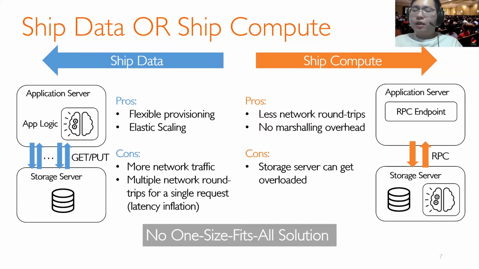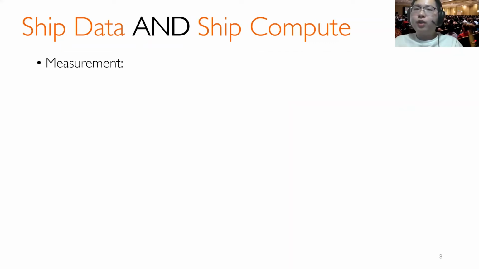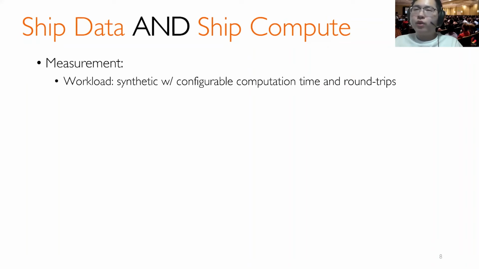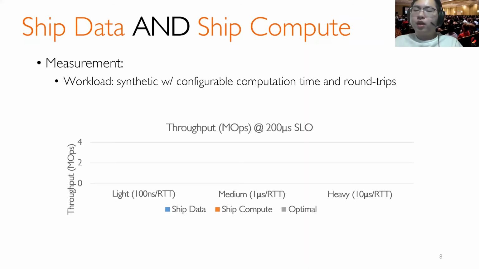Then a natural question would be, would we be better off if we combine these two together? So we conduct a measurement using a synthetic workload with configurable computation time and networking round trips. And we generate three classes of workload with different computation intensity: light, medium, and heavy.